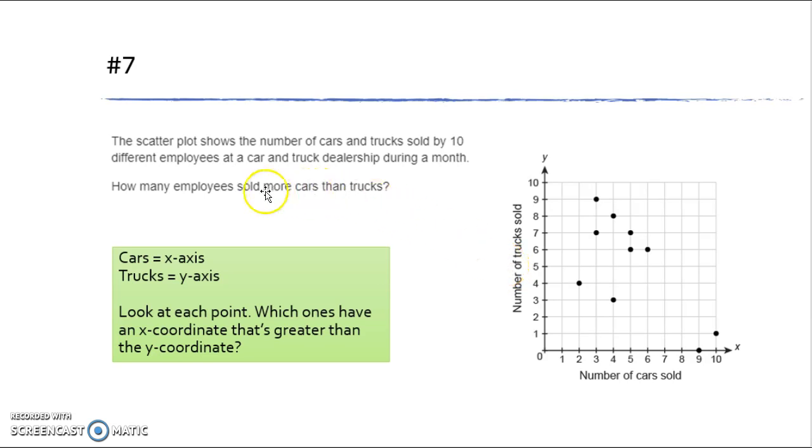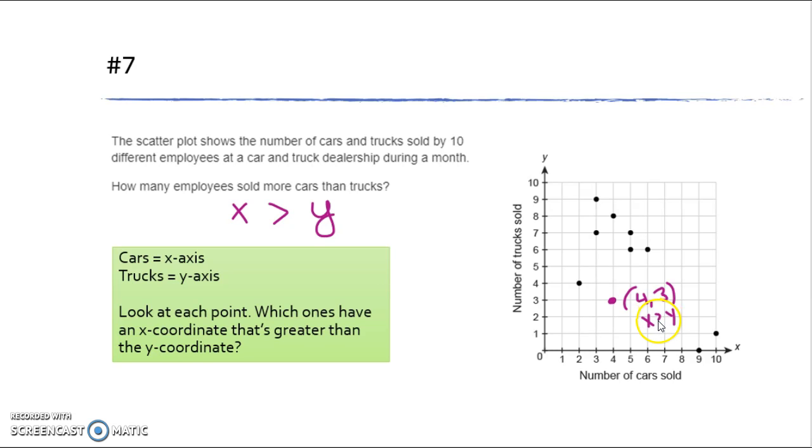This question says how many employees sold more cars than trucks. That means I want my x-coordinate to be greater than my y-coordinate. And you can go through and label the points if you want to. So I'm just going to, for example, do this one right here that I just dotted in purple. If I were to name that point, it would be 4, 3. So my x value is 4, my y value is 3.